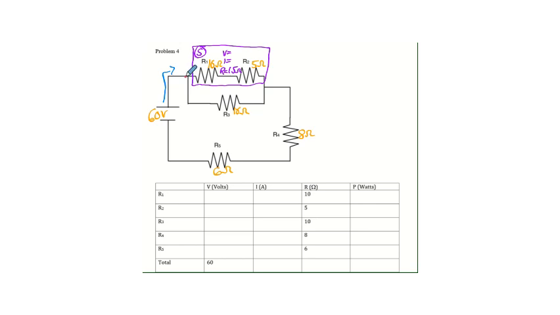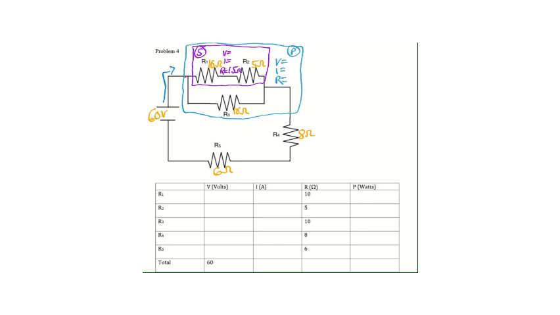That means that R3 and the purple box are in parallel with one another. So to indicate that this blue box or teal box is parallel, I like to put a P. I'm going to write V, I, and R.